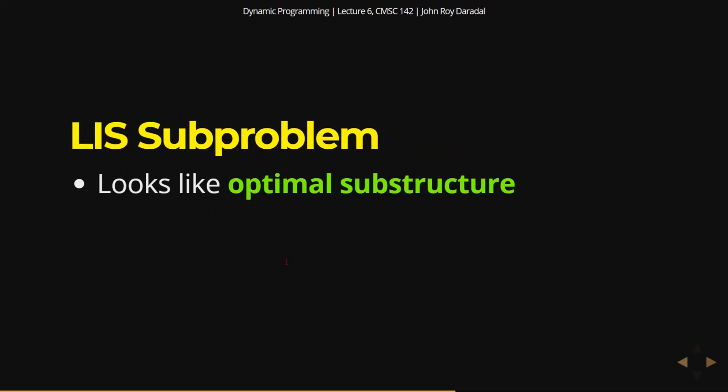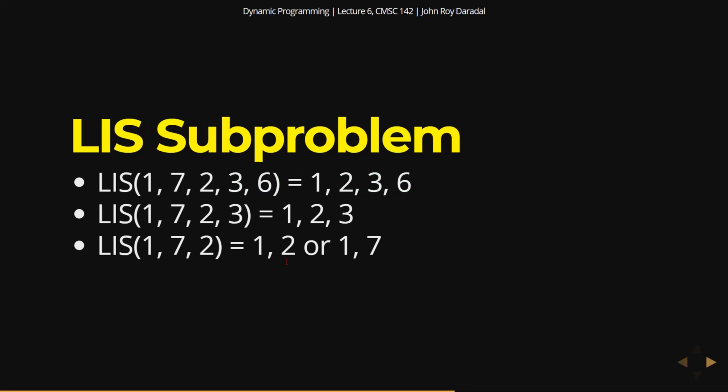But do you notice that this looks like optimal substructure? Because 1723 is a smaller version of the 17236 problem, because we just omitted 6 here. And the solution for this one contains the solution for this one, right? So 1, 2, 3 can be found in the solution here when we just drop this one.